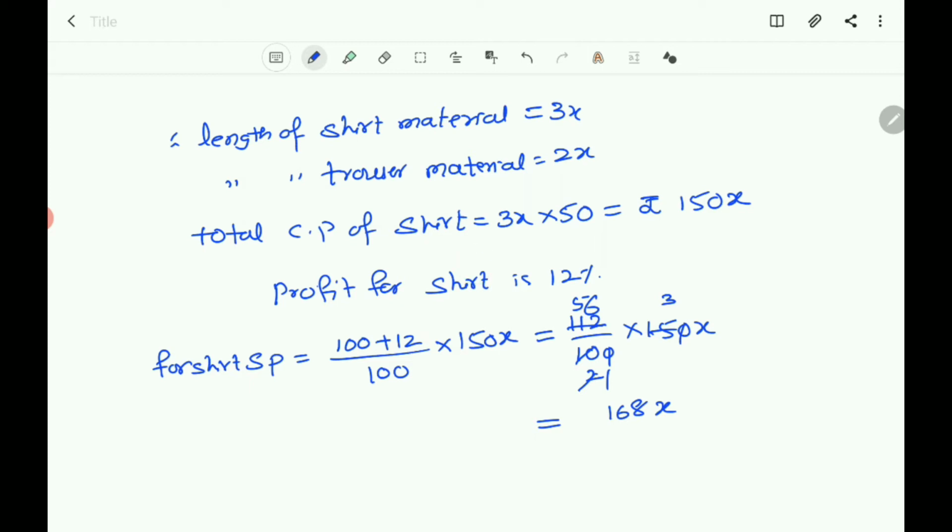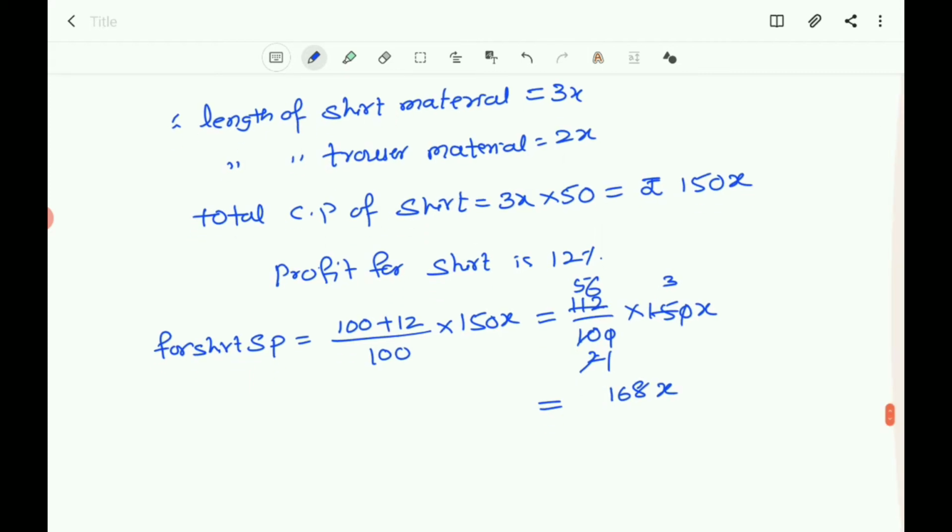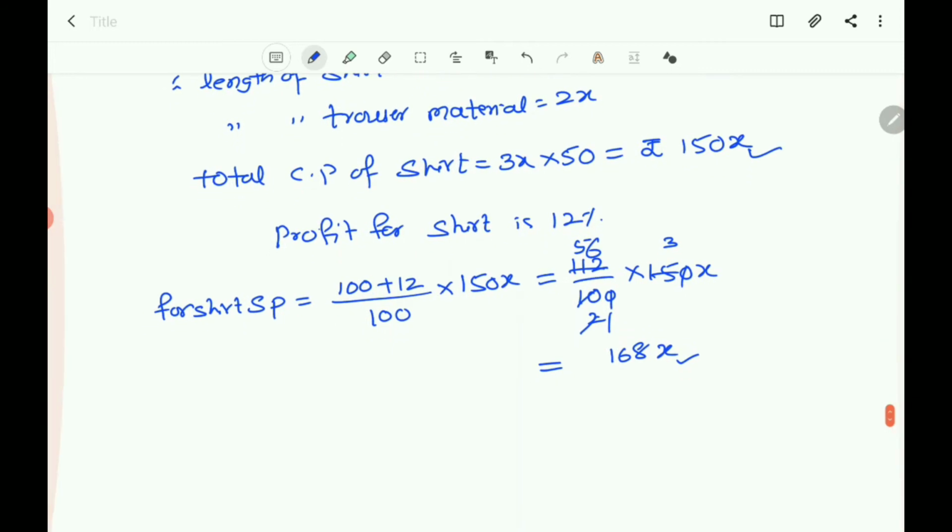That is the selling price of the shirt, 168x. This is the cost price of the shirt, and this is the selling price of the shirt.